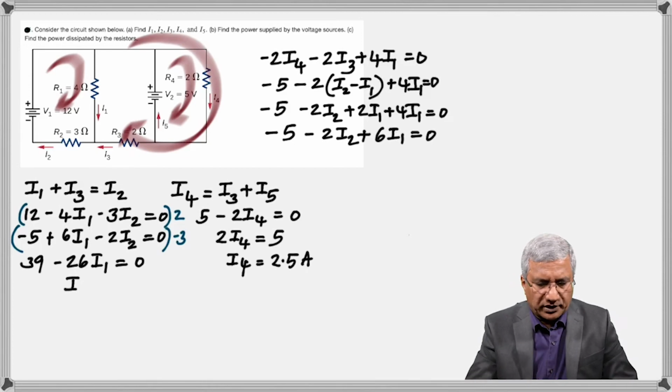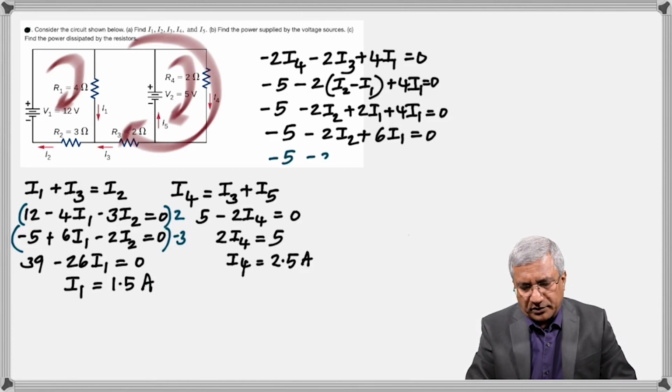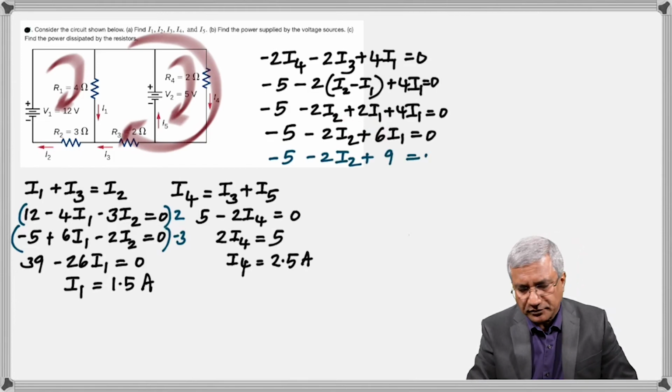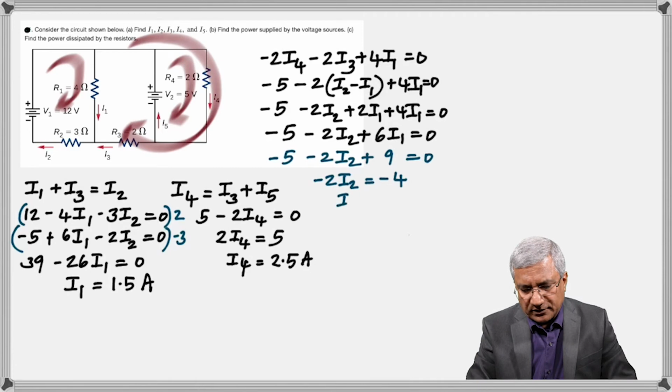Rearrange that and you get I1 is equal to 1.5 ampere. Once you get the value of I1, plug it into this, and you're going to get the value of I2. So 6 times 1.5 is 9, and then you get I2 as 2 ampere.